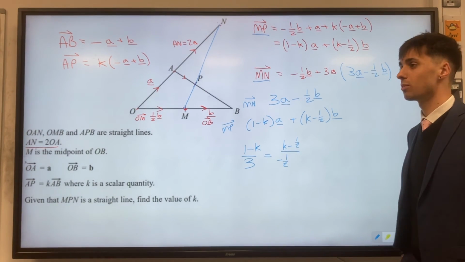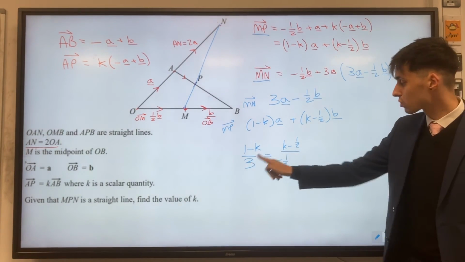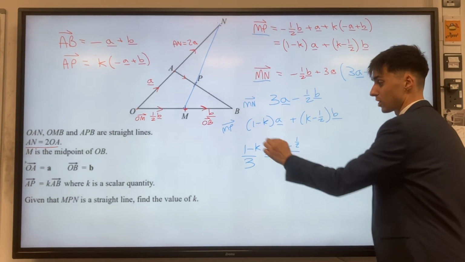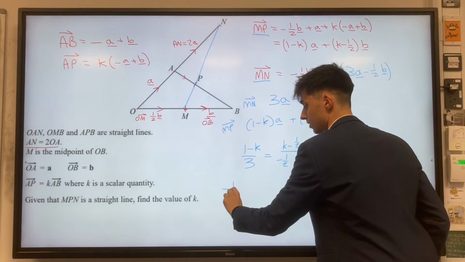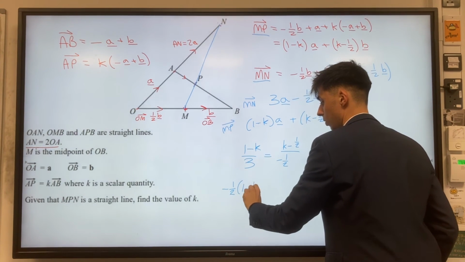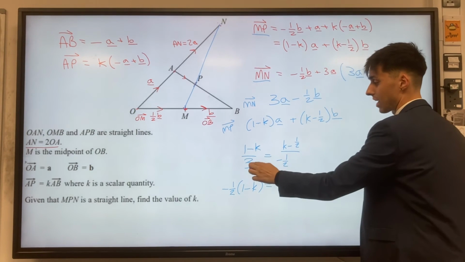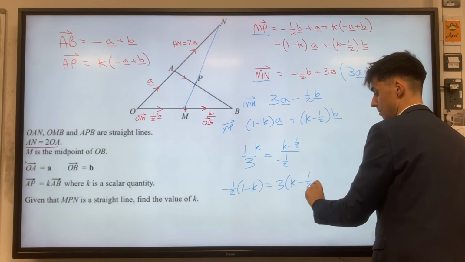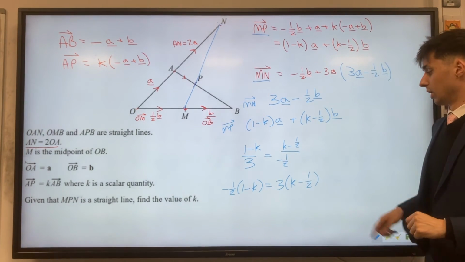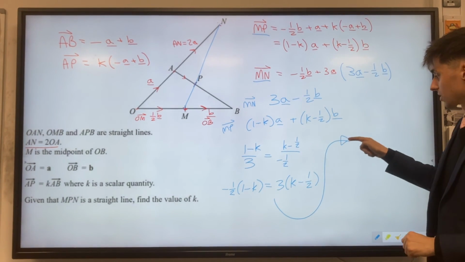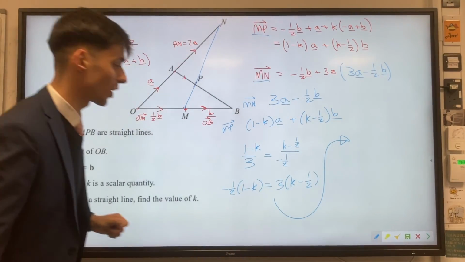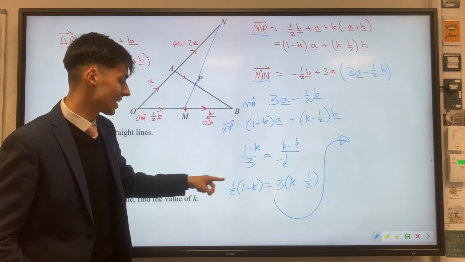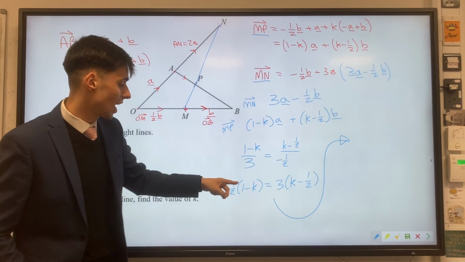To find the value of K then, we should first of all be cross-multiplying to get rid of any nasty denominators. So I'm going to have a minus a half coming over to this side. So minus a half brackets 1 minus K. And on the right-hand side, the 3 is coming up to give us 3 brackets K minus a half. I'm just going to pop over to this side of the board so that I'm not stood right in the corner. To make this a little bit nicer to expand, let's get rid of the minus sign first, and that will actually flip.